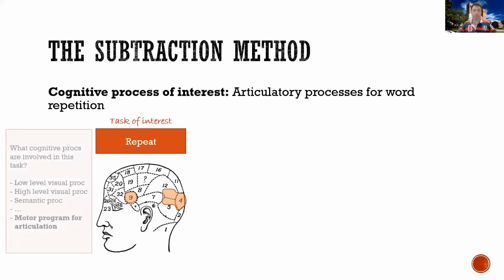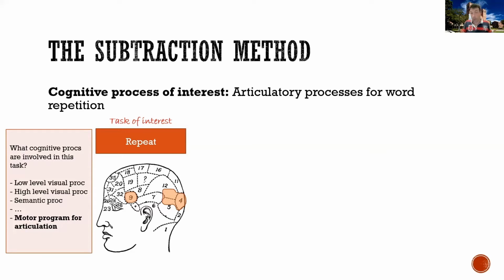Let me explain. Let's say that I show on screen a word and you read it to then repeat it. How many processes does it take to do that? Well, a number. For one, you probably must use low-level visual processes. I mean, I'm showing you words, but words are lines that combine. So your brain will engage visual processes related to detecting the presence of lines.